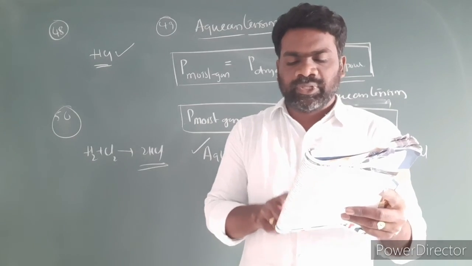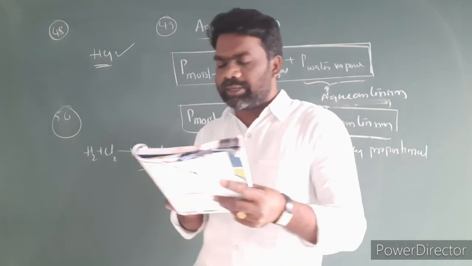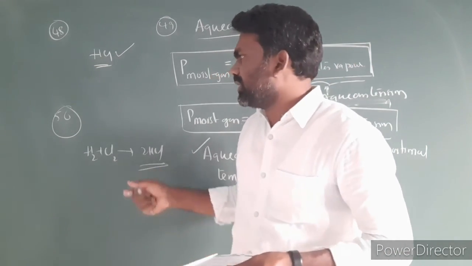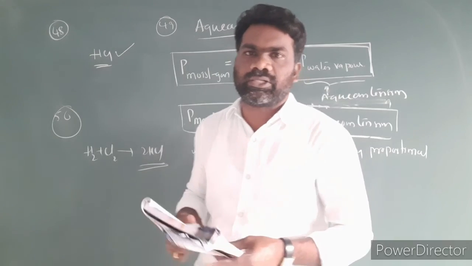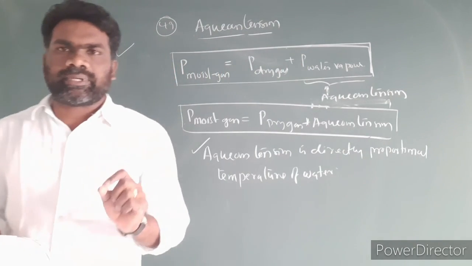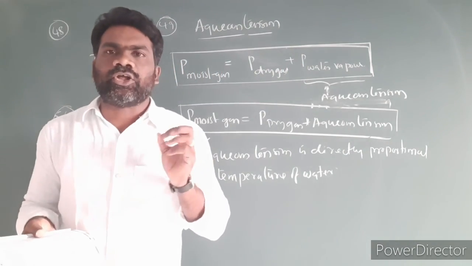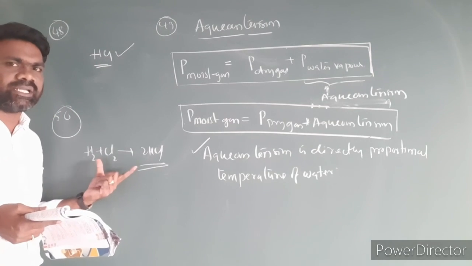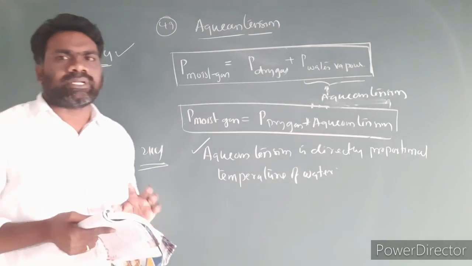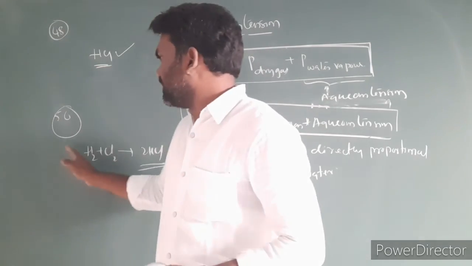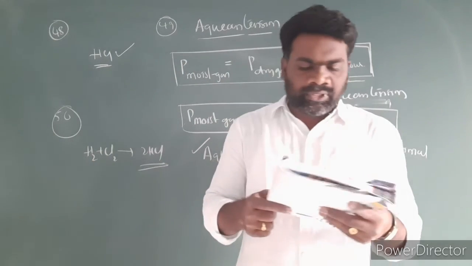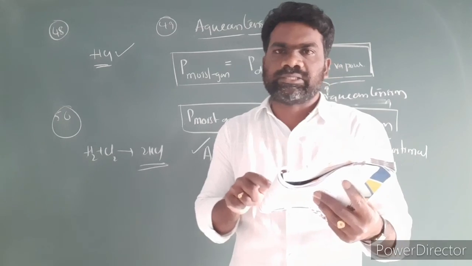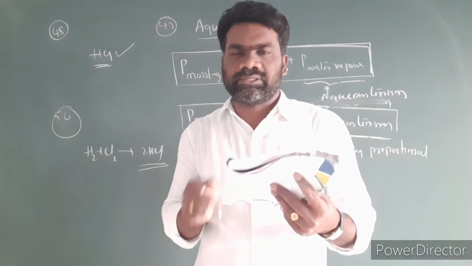In the second option, H2 and Cl2 will react. Because these two gases react, Dalton's law of partial pressure is not applicable. Dalton's law is applicable when the gases are non-reactive, but these two are reactive. So for question 50, the correct option is the second option, H2 and Cl2.